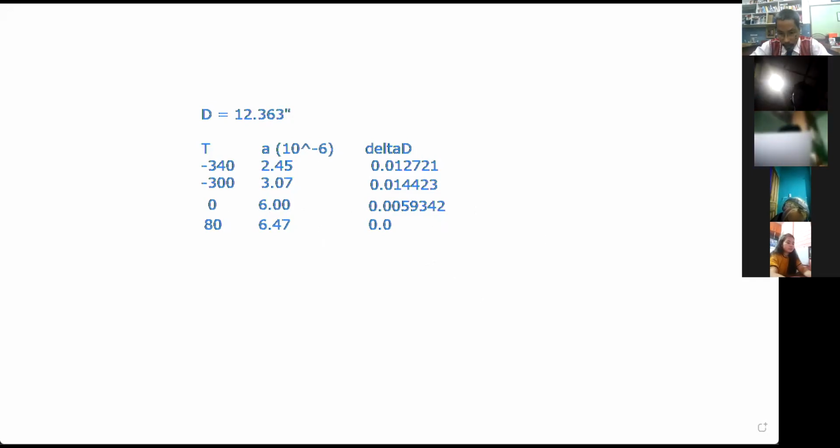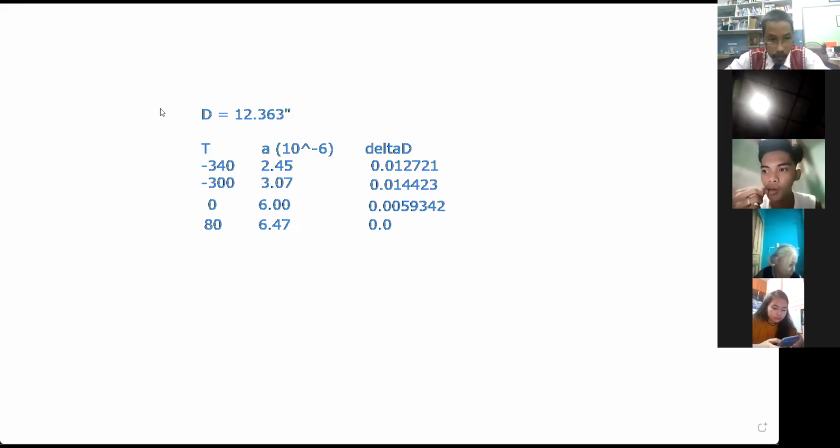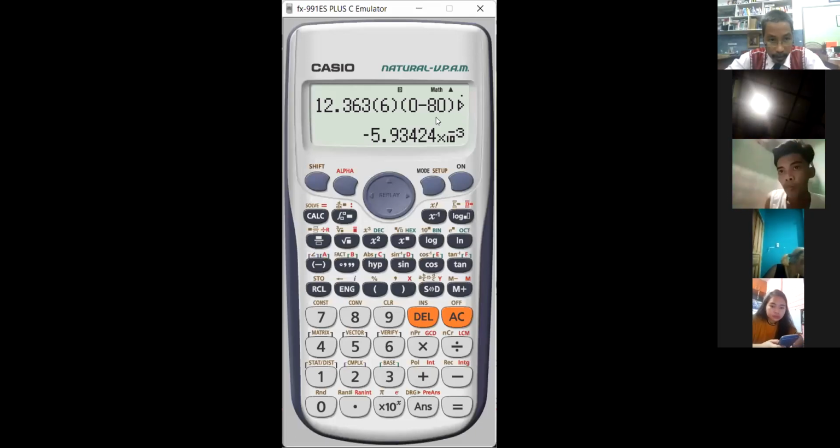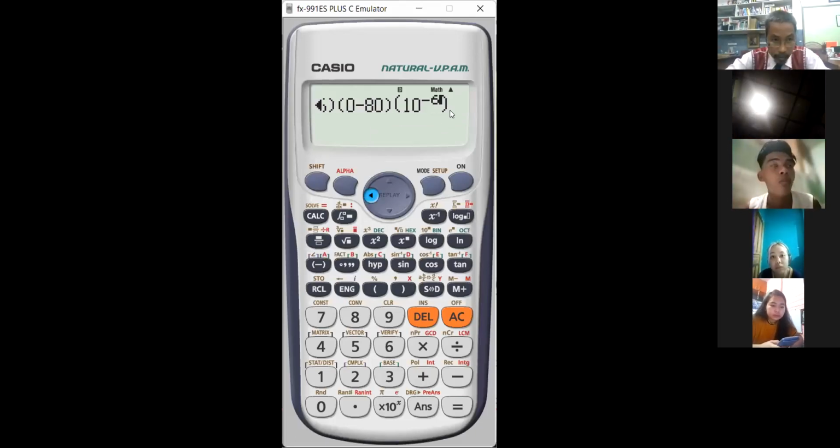Zero is the answer. Why is 0 the answer? Why is it easy for me to know it? Because we have this formula. If we look at this formula and put 80 here, the temperature is 80.